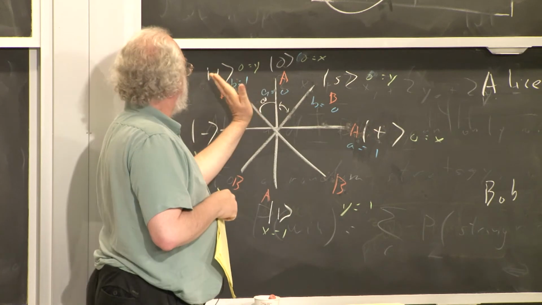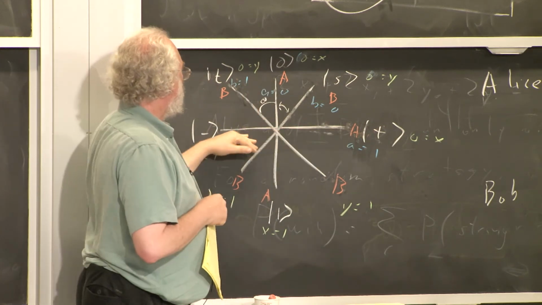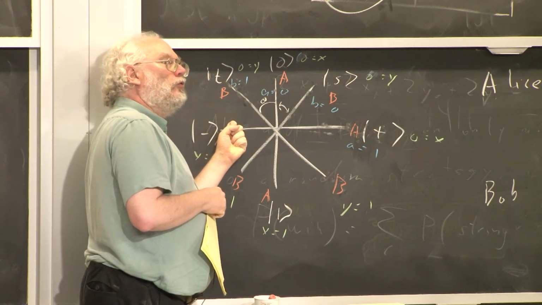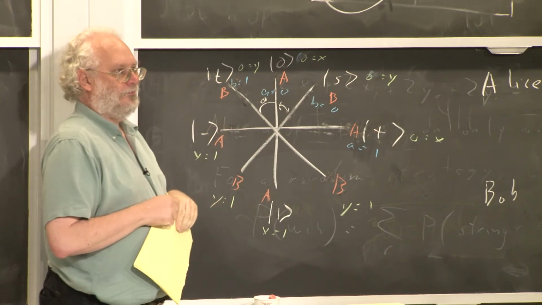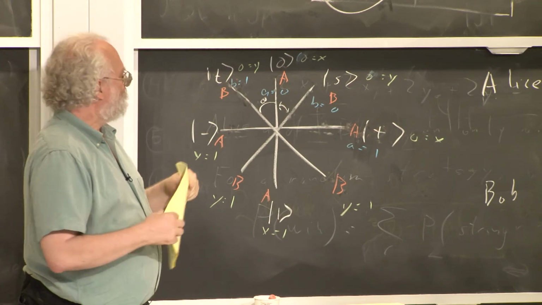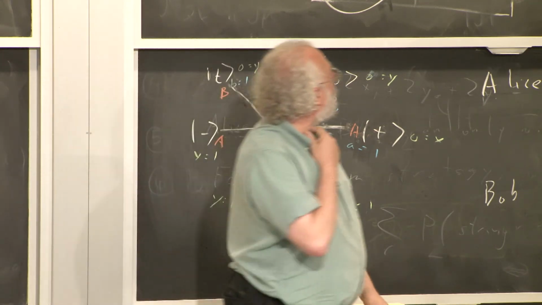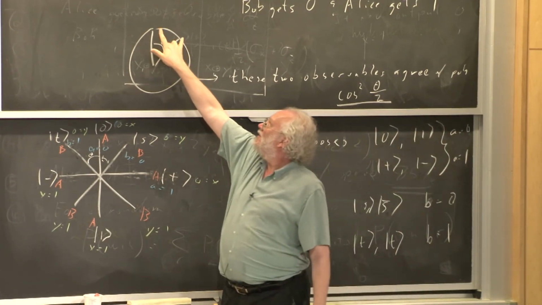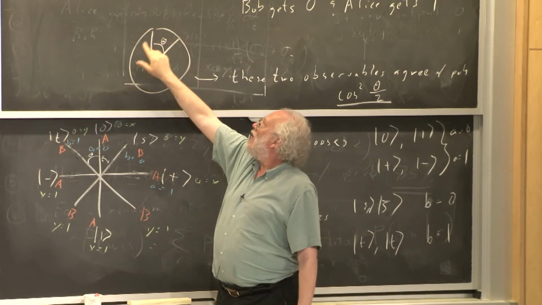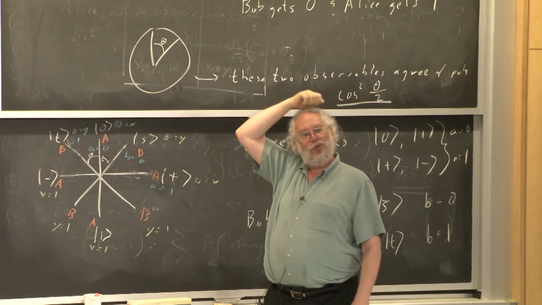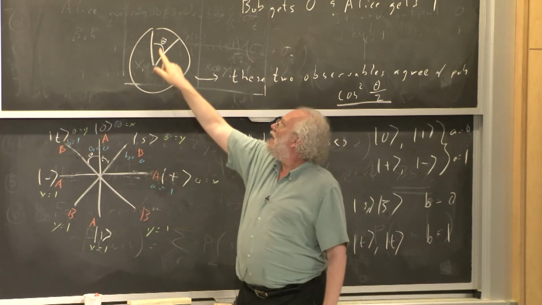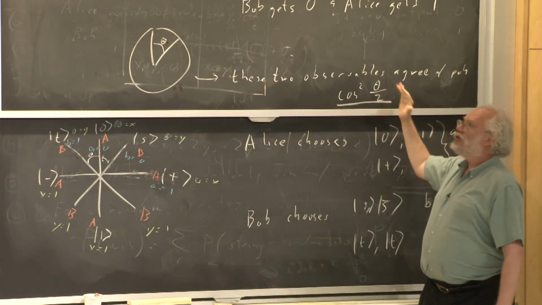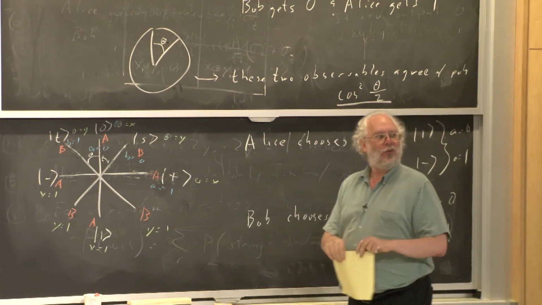And these two observables never agree, and that's cosine squared pi over 2. So this is the general formula: if Alice and Bob have an entangled state and they measure two observables theta apart, it's cosine squared theta over 2. And I'm not going to prove that, yeah?